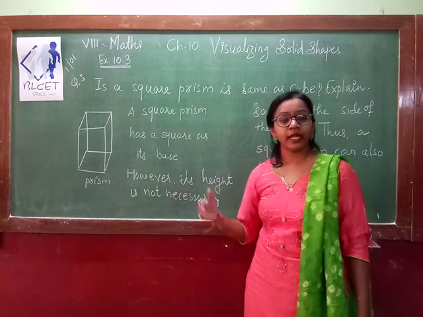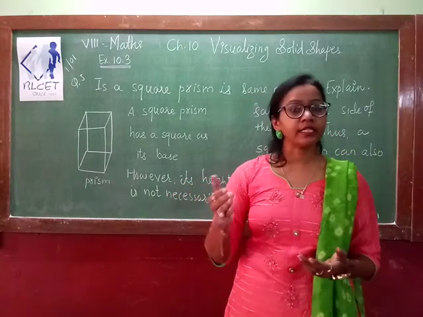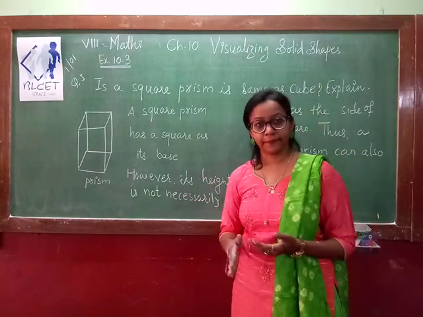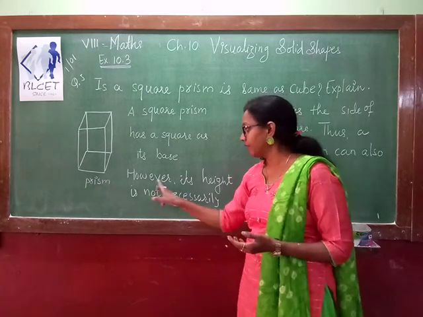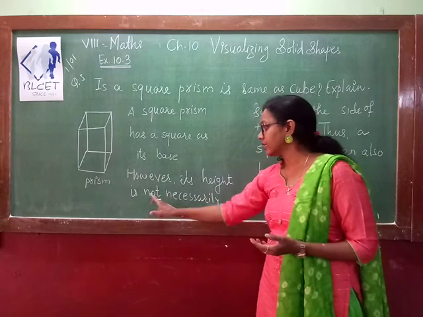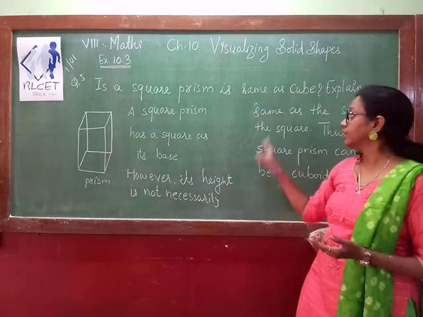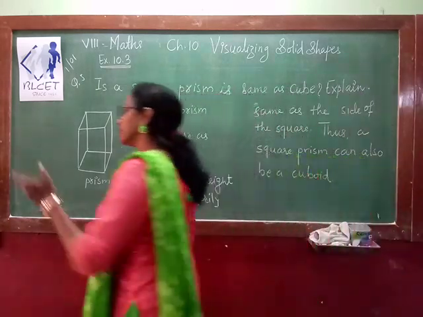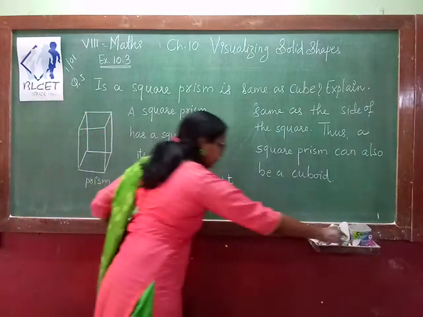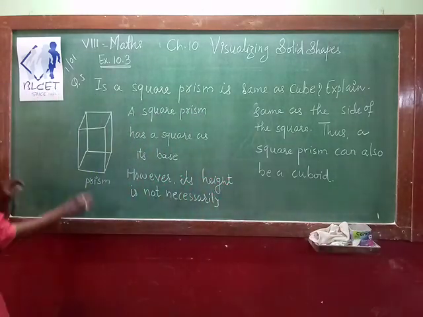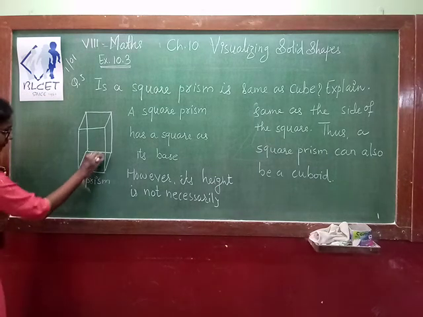However, it is not necessary that all the surfaces are in the shape of a square. It can be in the shape of a rectangle. Its height is not necessarily the same as the side of the square. This is the height. This is your square base.